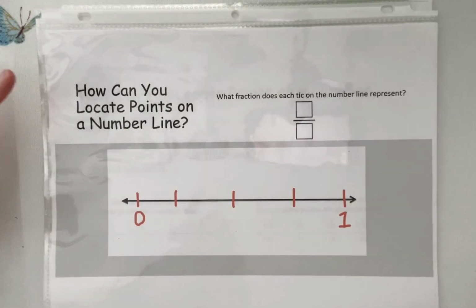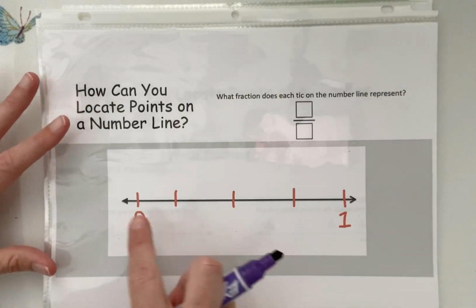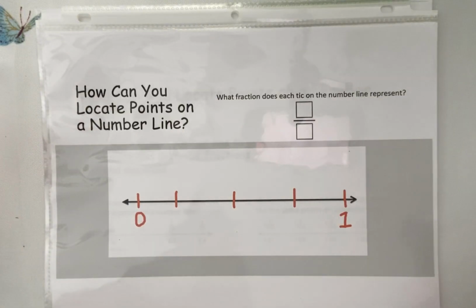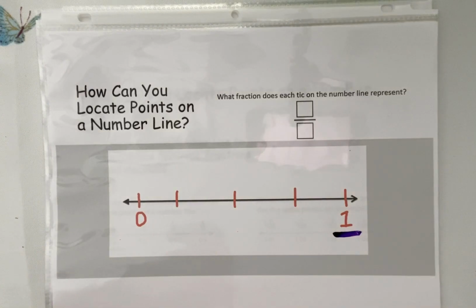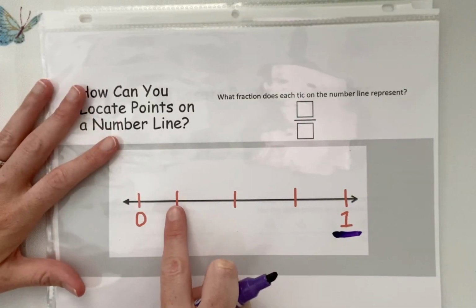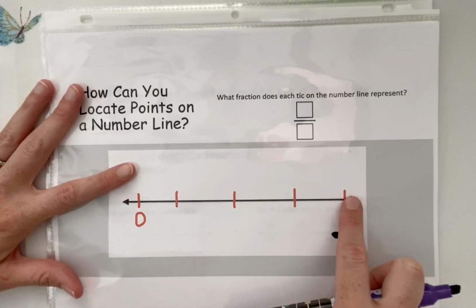How can you locate points on a number line? On a number line, you're going to see ticks. When you see a tick, you have to figure out what that tick represents. In this case, my number line ends with 1, so everything before it is a fraction, less than 1. I'm going to think, okay, this is broken into 1, 2, 3, 4 parts.